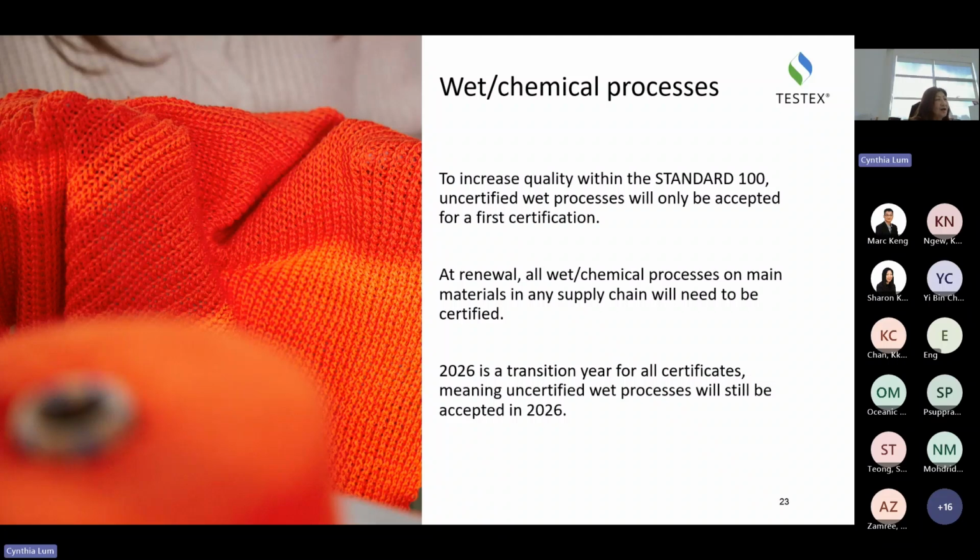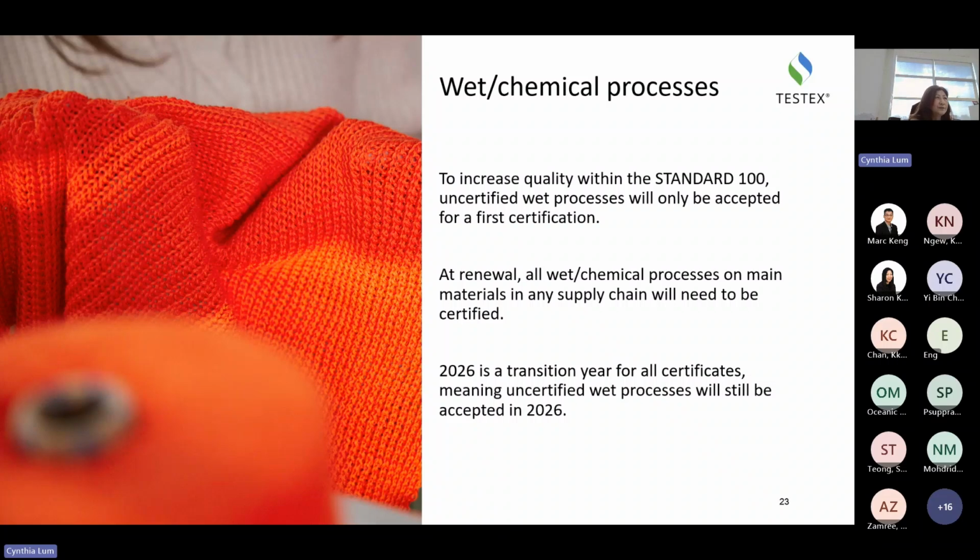But you are a certified processor, meaning that from the yarn you are weaving it, and then you are processing it, going through all the wet or chemical processes. That supplier of yarn, I suppose it's best that they are certified, but even if they are not certified, you could use them.